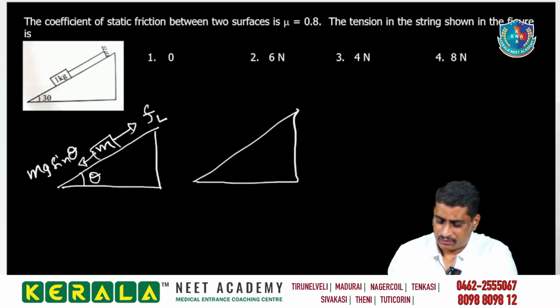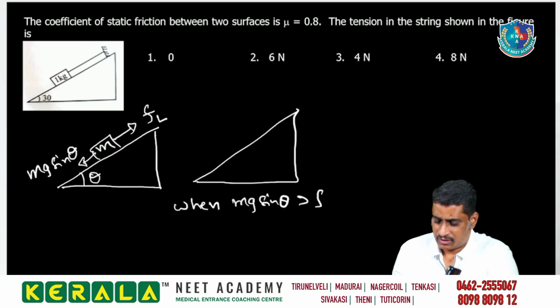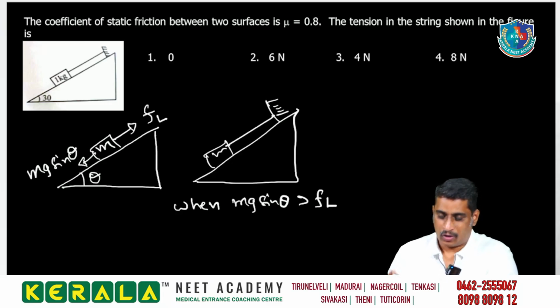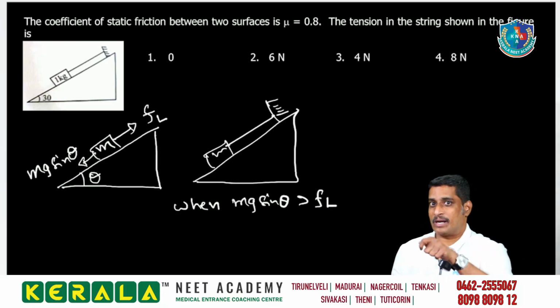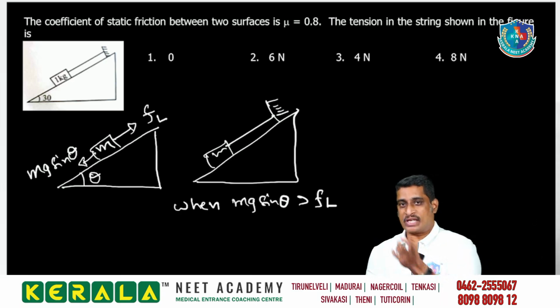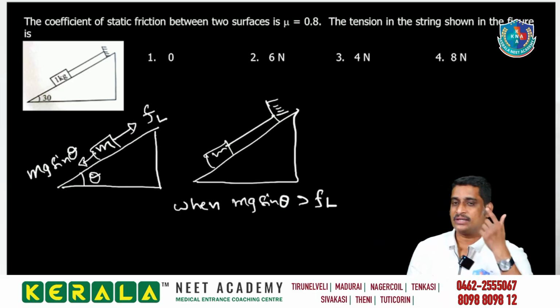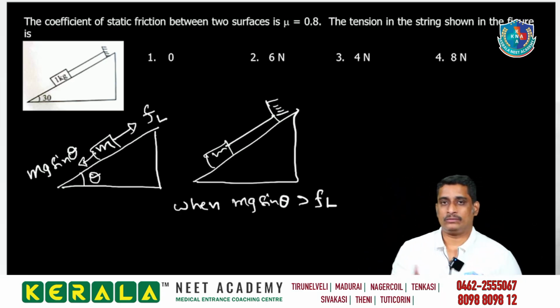Under that condition, when mg sin theta is greater than FL, if a string is connected to the block, then the string will become tight. If the string is absent, the block will slide down.